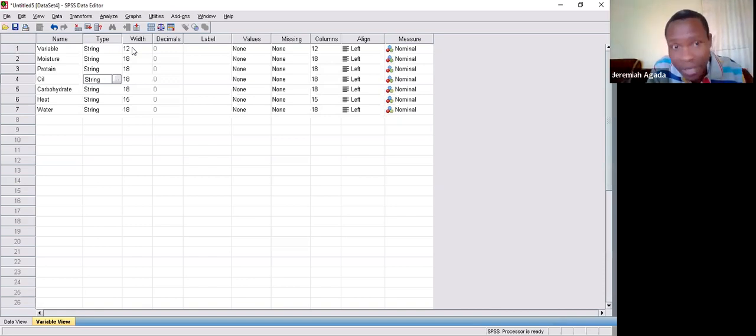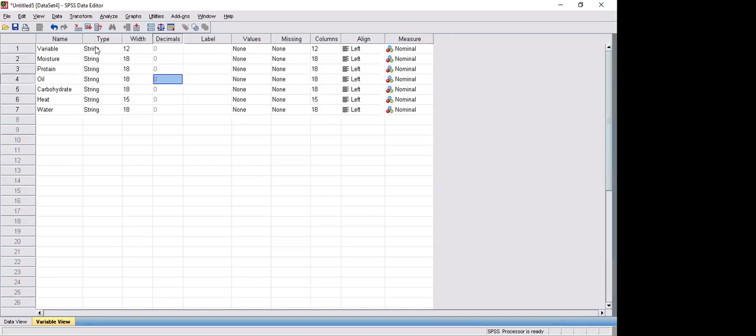Now the place of decimals, I'm going to change this. I want this one to just be 0. We cannot edit this. You know the reason? Because of this string.